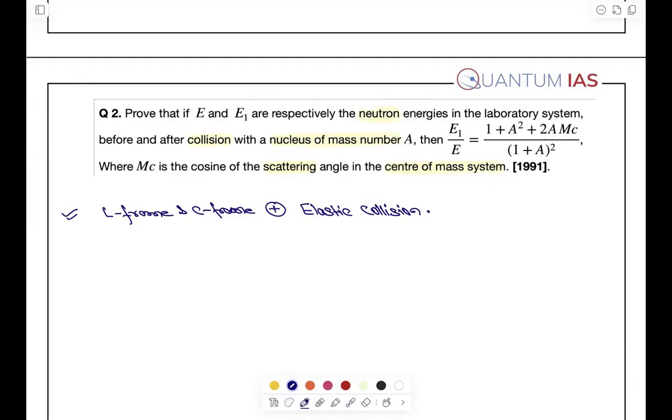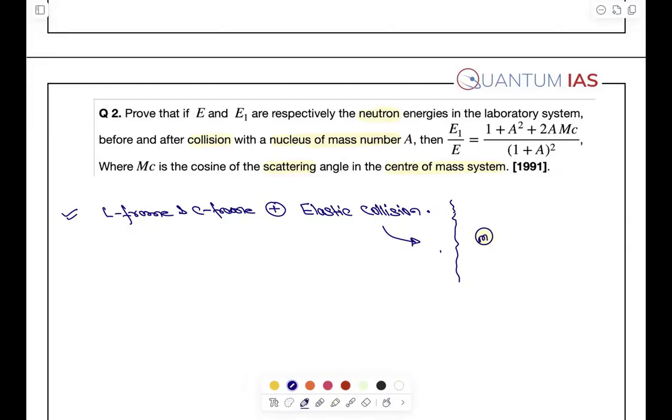Now whenever you have C frame and L frame, I have given you two things to understand. For the elastic collision, I have told you that the speed before and after the collision remains the same. So for example, understand here that in this question, we have this small ball of mass m.